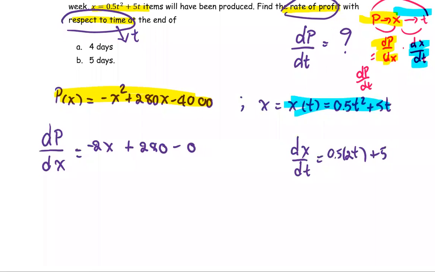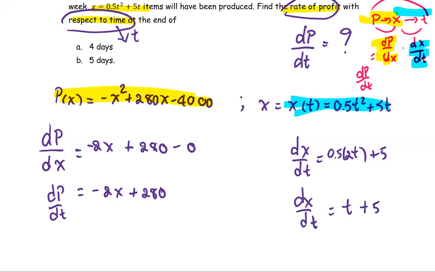Let's clean up a little bit. So right now we have dp/dx as negative 2x plus 280, and dx/dt as 0.5 times 2, that's 1, 1 times t is just t, and then plus 5. We get 2 pieces. I highlighted them in the same color as my pattern of work here.